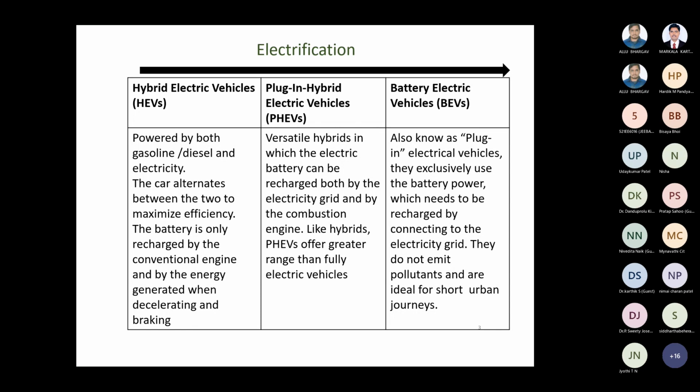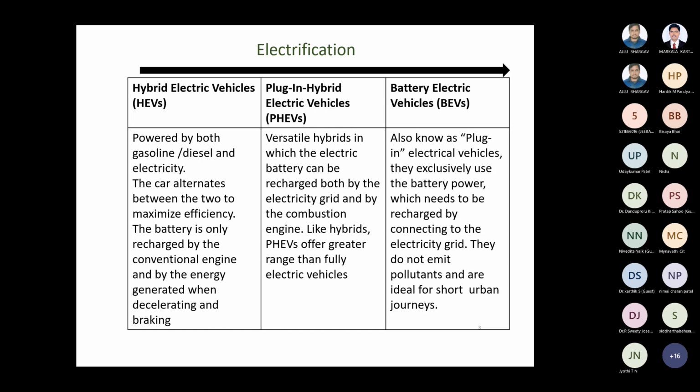Coming to the plug-in hybrid electric vehicle, these are versatile hybrid vehicles in which the battery can be charged by both the IC engine and the electricity grid, where the outlet is present in the vehicle. And battery electric vehicles are also plug-in electric vehicles. They work exclusively on battery power, which needs to be recharged by connecting to the electric grid.